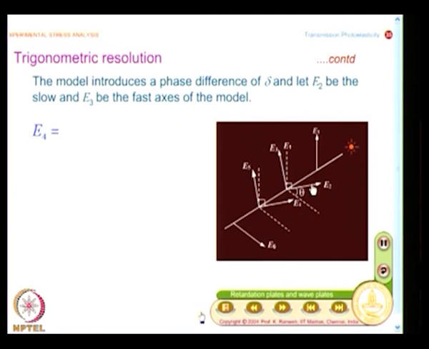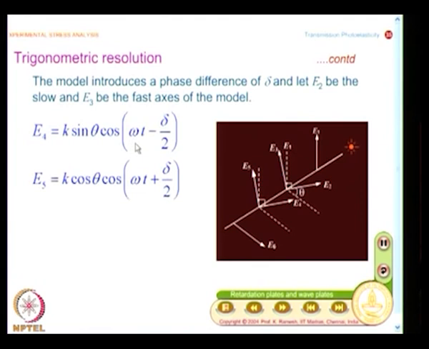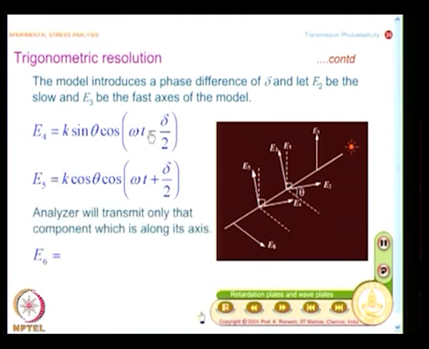And if E2, E3 are slow and fast, E4 is slow and E5 is fast, and we want to do it for E4, which is considered as the slow axis. So, what I will do is the amplitude will not change, but the phase I subtract minus delta by 2, and on E5 I add plus delta by 2.